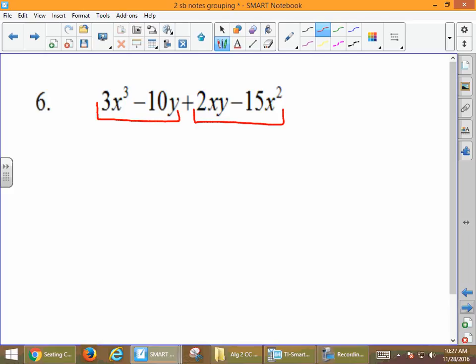In our second group, we have an x, but that's not going to help us very much. So what's going to happen here on this problem is that we need to rearrange this so that we actually can group.